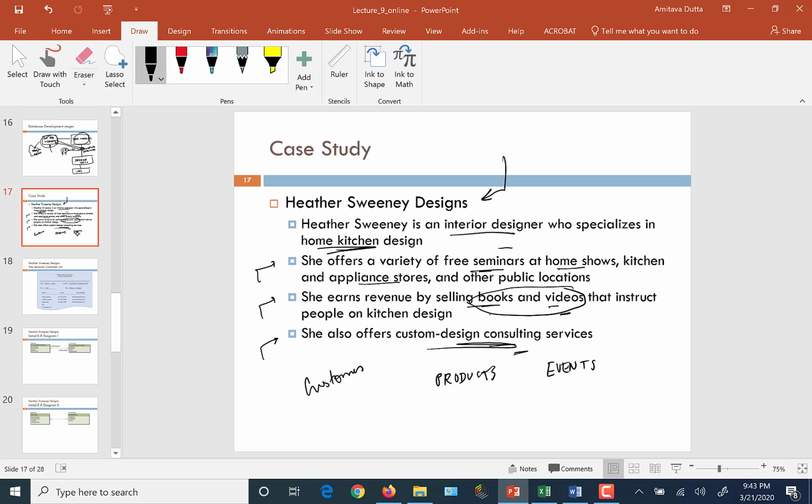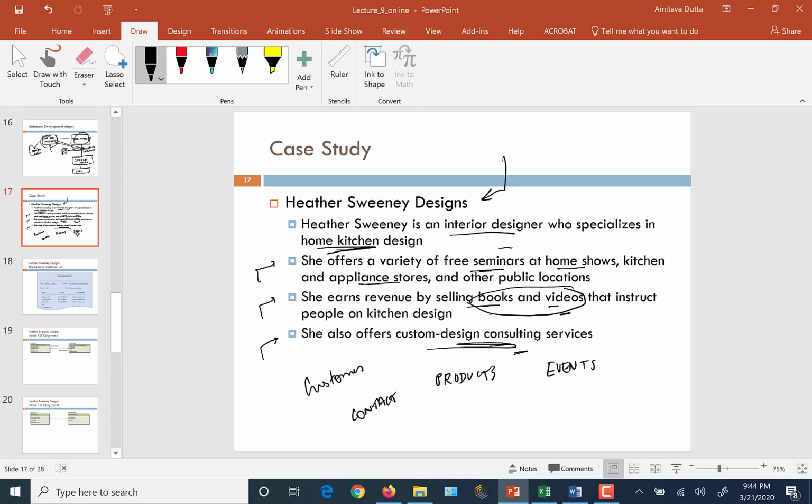So for example, I'm not adding a particular entity, but it seems to me that if Heather Sweeney has customers, she will want to contact them also. She'll probably want to write to them. She'll probably want to call them just to keep in touch with them and ask them, do you want to buy any of my products? Do you want to attend any of my events? Do you want to take advantage of my consulting services?